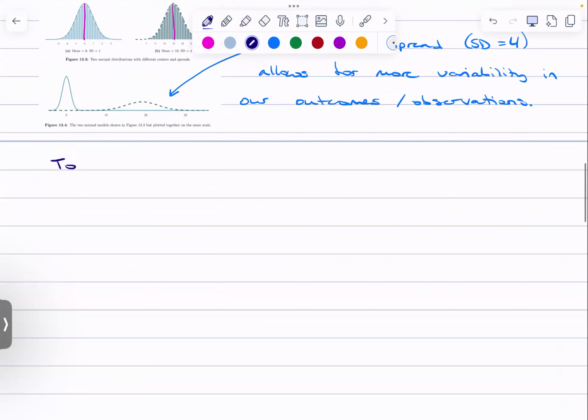To summarize, a normal distribution, we use the following notation.